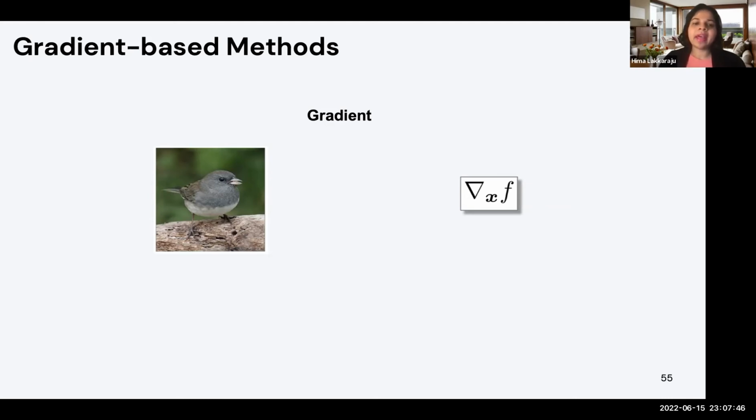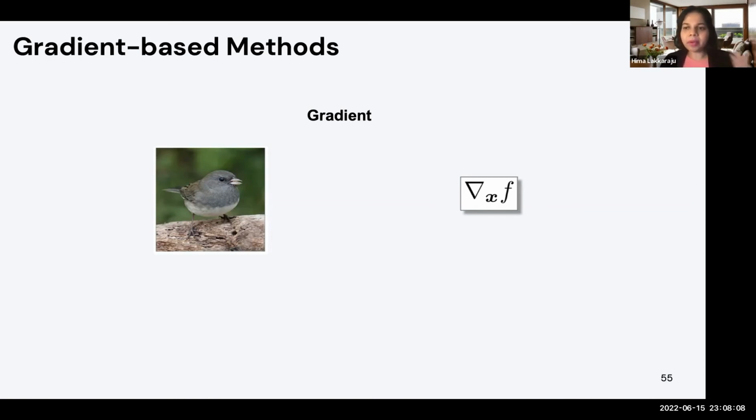So for example, if we want to understand which features or which parts of this image are influencing the prediction strongly, then we can compute the gradient of the underlying complex function that we want to explain with respect to each of the input pixels of this image, right?